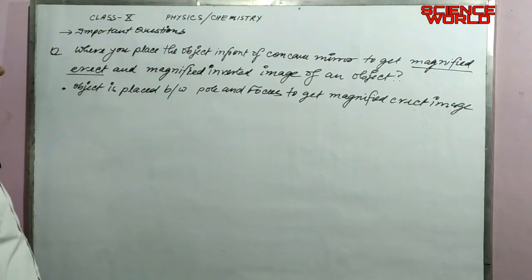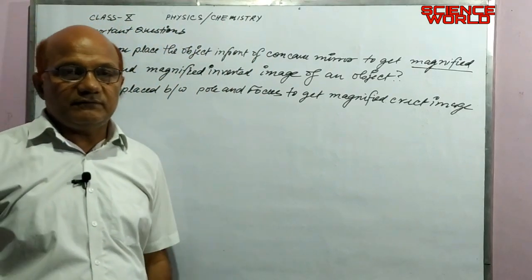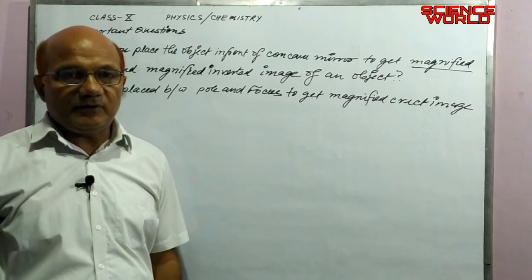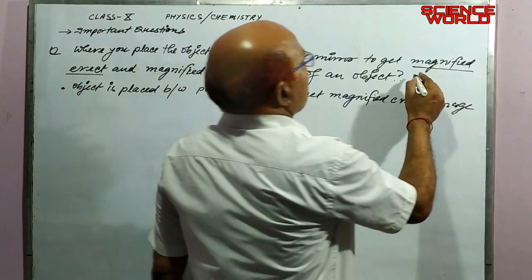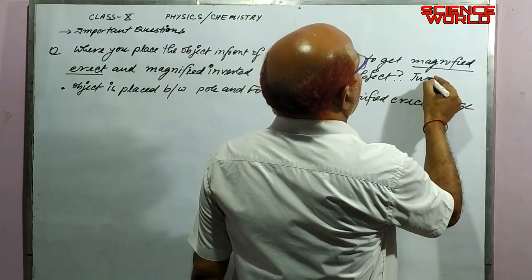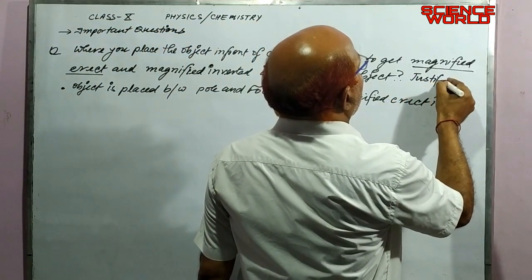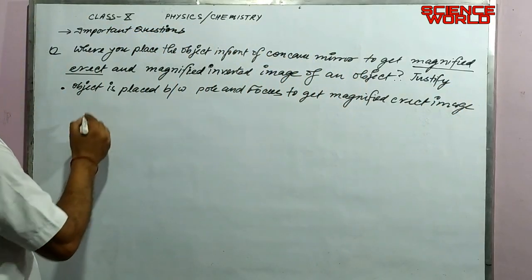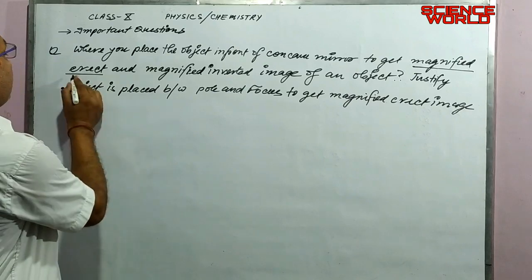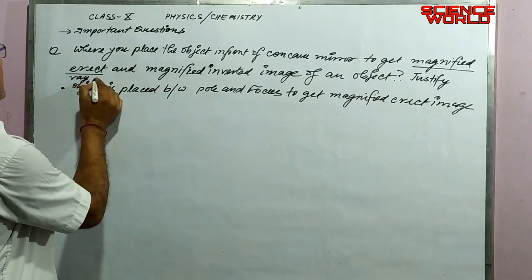Actually, in this question, you have to justify your answer with the help of ray diagram. So this is also the part of question. Justify answer with the help of ray diagram.